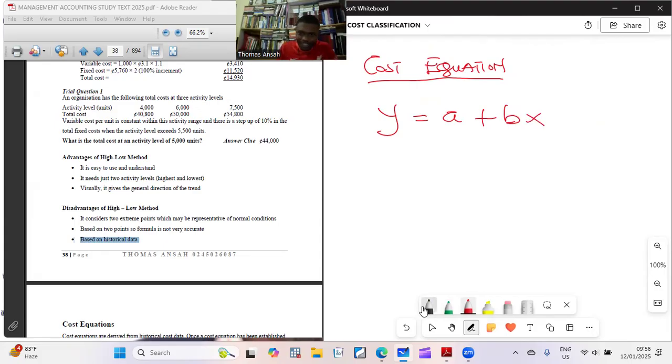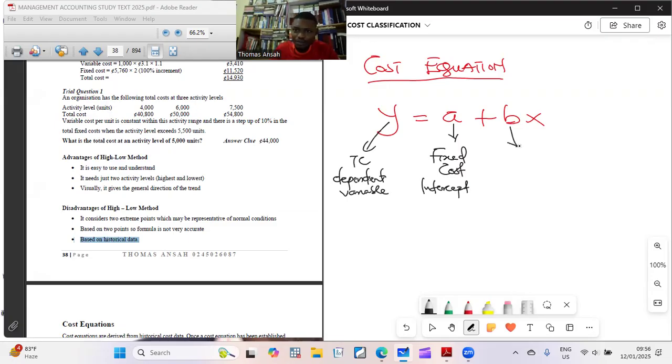You can use anything, but y will be our total cost, and don't forget, it is the dependent variable. What is a? a will be our fixed cost, and it is the intercept. What will b be? You remember, b will be the variable cost per unit, as we did.